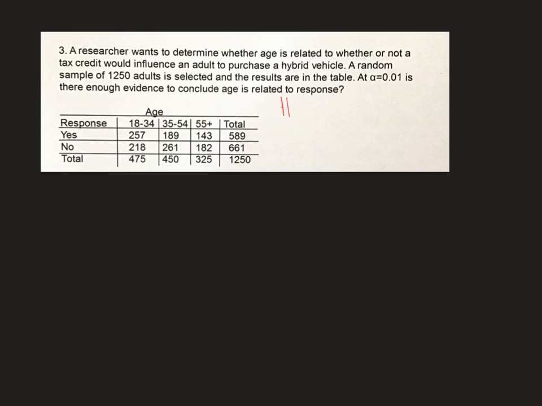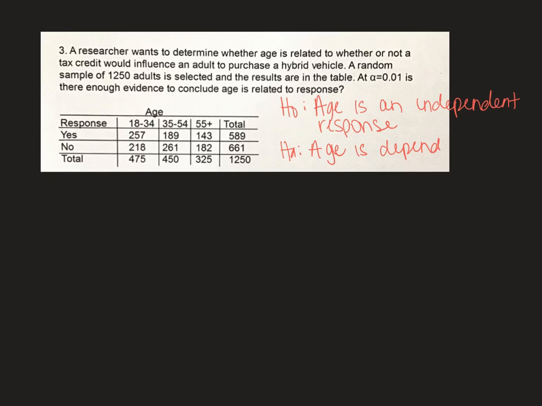So H0 would be that age is independent of response. HA would be that age is dependent on response.